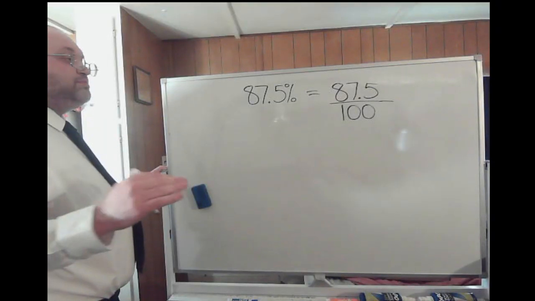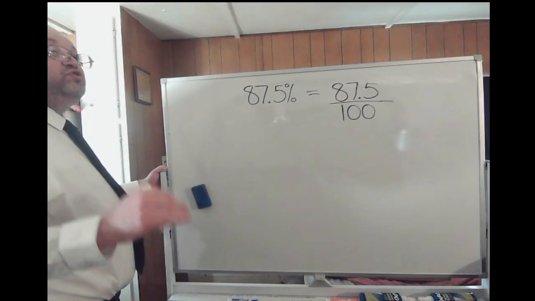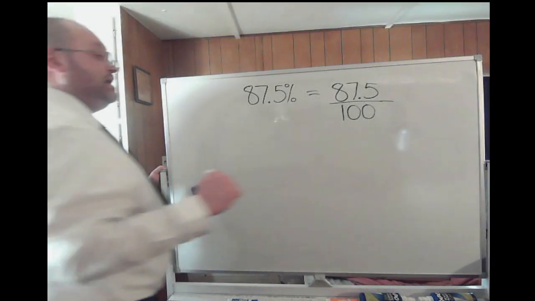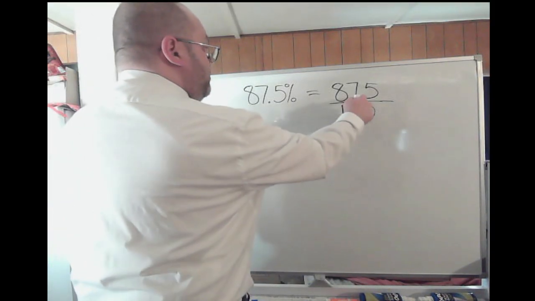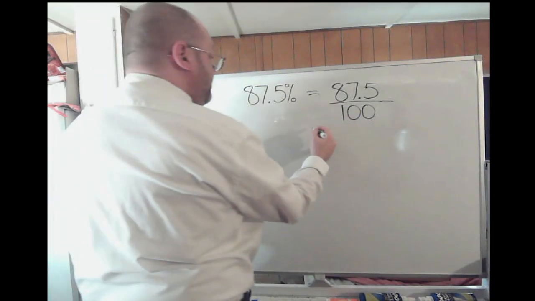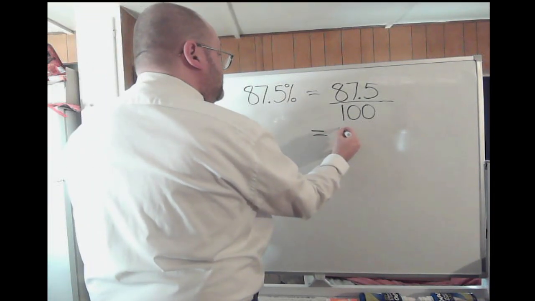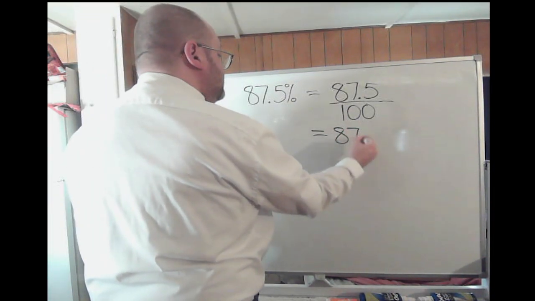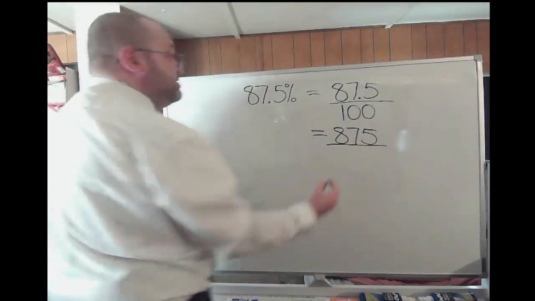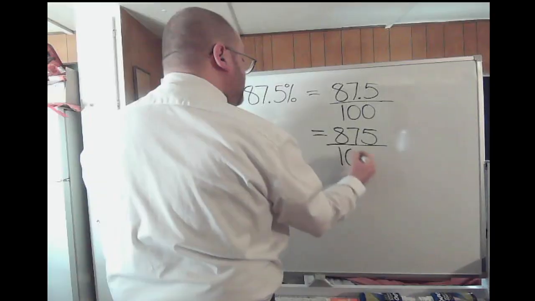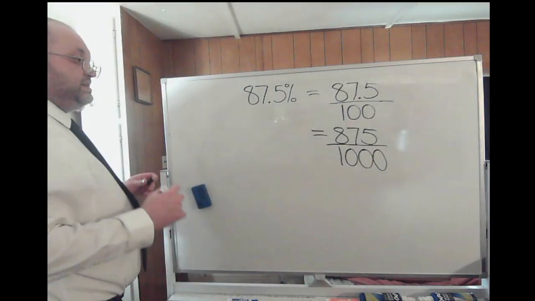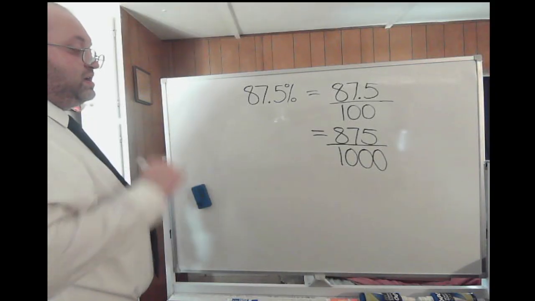Whenever you have a decimal point, do yourself a favor. Try to get rid of that decimal point if at all possible. How we do that is we have one decimal place here. We can multiply the numerator by 10 and get rid of that decimal point. So 87.5 times 10 is 875. But what you do to the numerator, you got to do to the denominator. That would be 875 over 1,000.